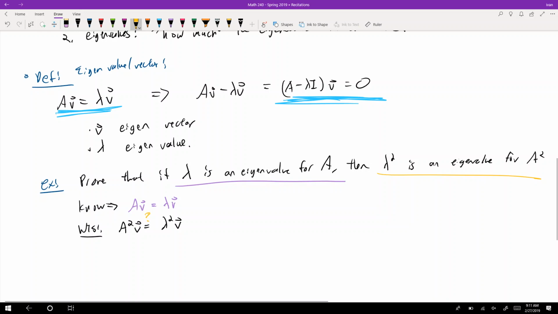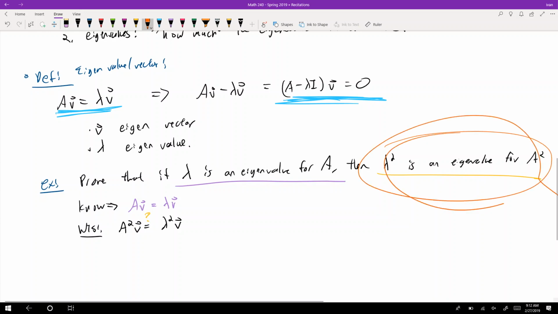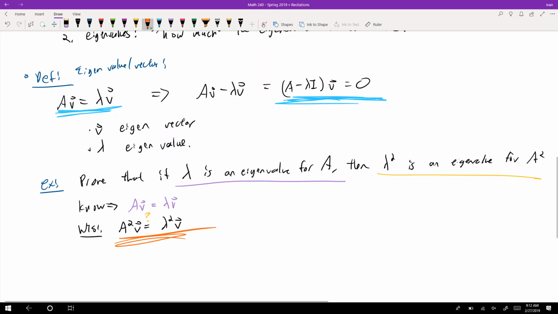Well, when you have something like this, you generally want to start off with what you want to show, or one side of the equation of what you want to show. All right? And in this case, we're going to start off with the left side of the equation. So let's start off with A squared v. We want to eventually get to lambda squared v, right? But we have to take a series of steps that make logical sense to get there.